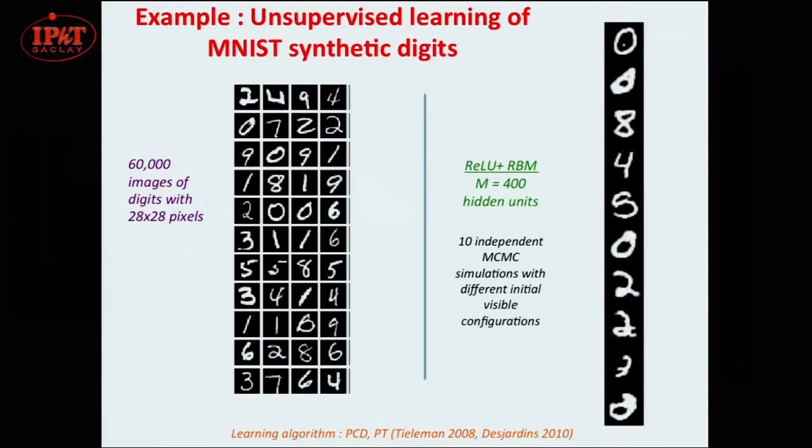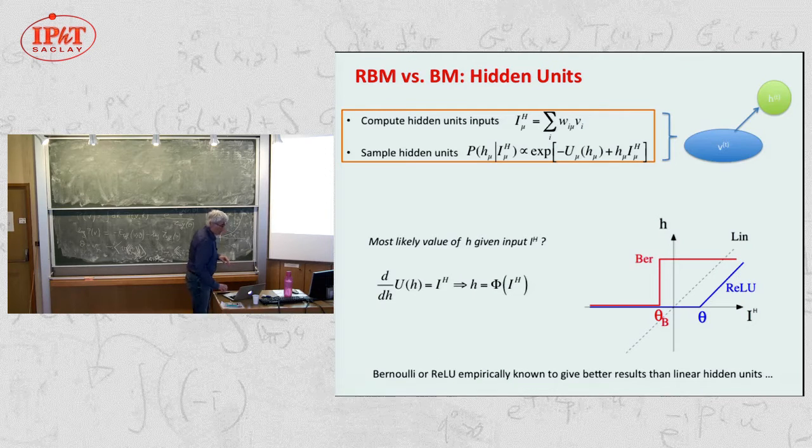Okay, so why this potential and not something else? We can understand a little bit from the sampling. Remember what I showed in previous slides. When we do sampling, if I fix the visible configuration at time t, I will sample the values of the hidden units from this distribution, where I_mu is the input to hidden unit mu.